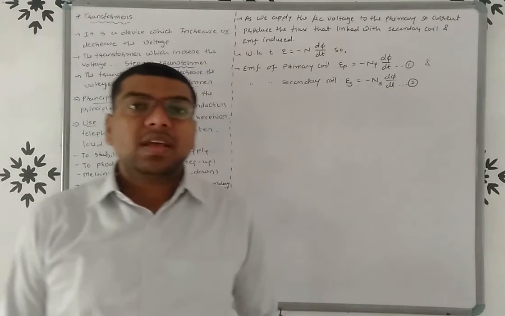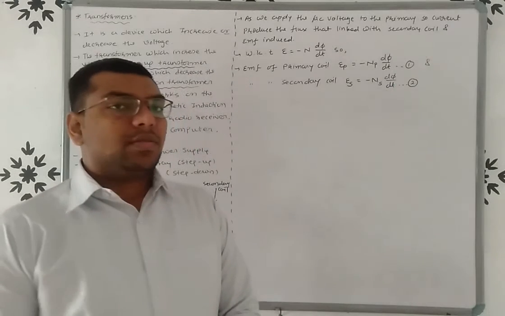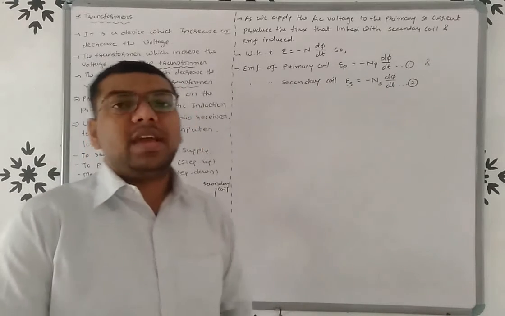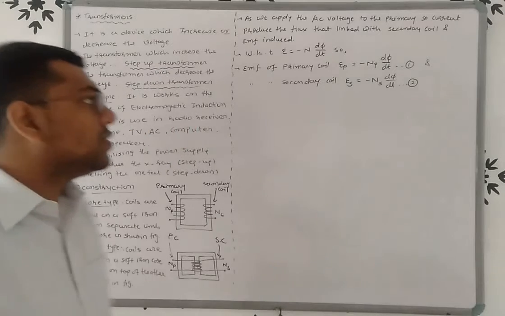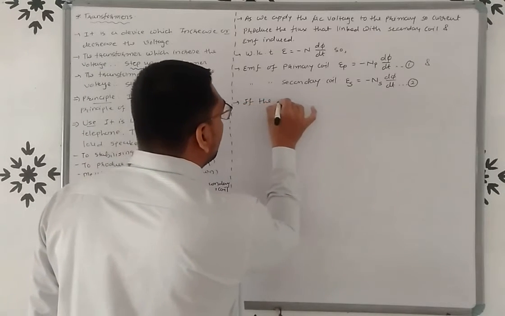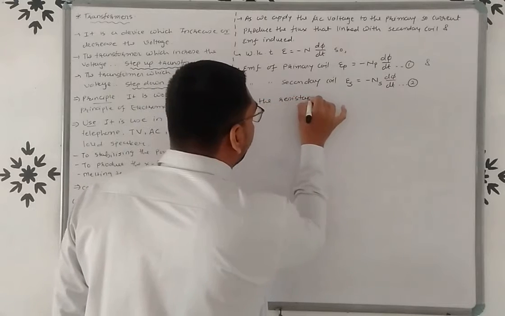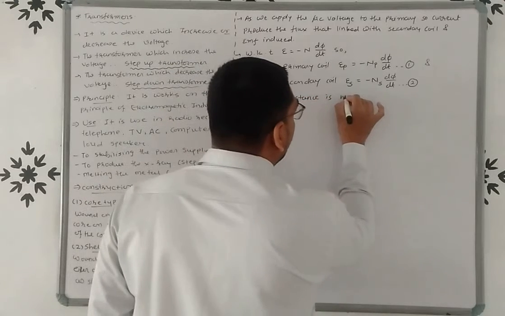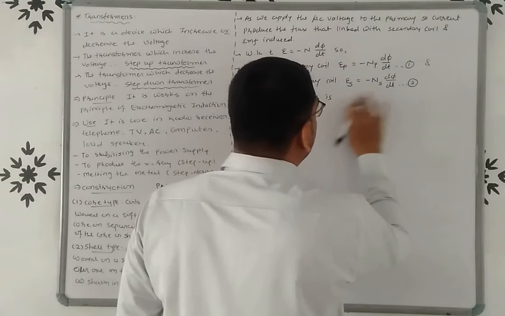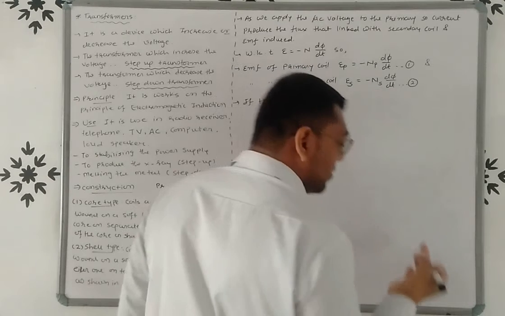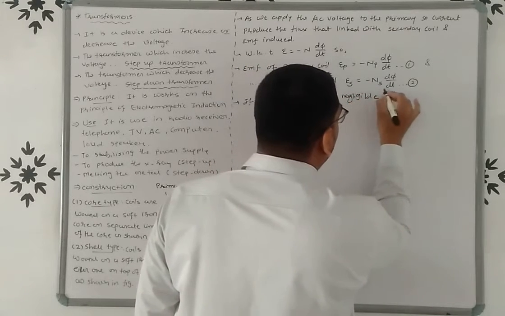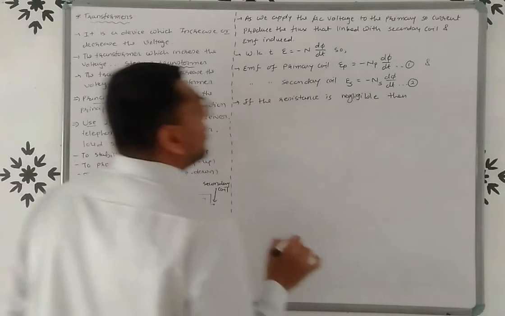So now if the resistance is negligible, then we can say that EP is equal to VP, right? So if the resistance is negligible, what happens?